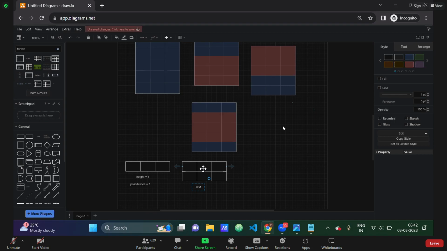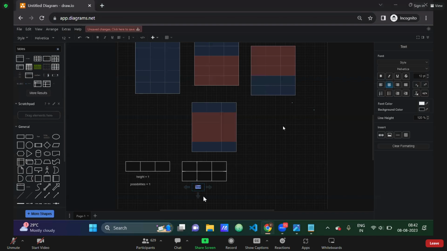So you're placing horizontally. That's it. You either place horizontally, or you place vertically, or you place either horizontally or vertically. So that combination is the possibilities. Getting my point?